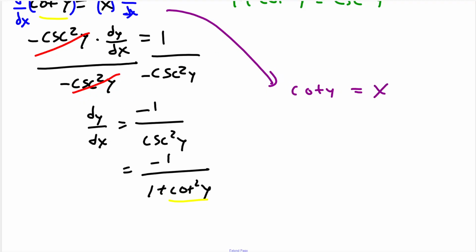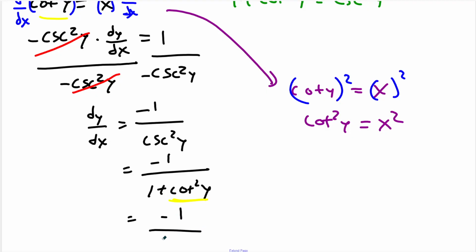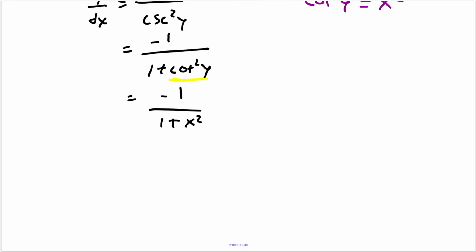We want to find cotangent squared of y, so we just square both sides, and we get cotangent squared of y equals x squared. So we get negative 1 over 1 plus x squared. Therefore, dy/dx equals negative 1 over 1 plus x squared. So yeah, there we go.